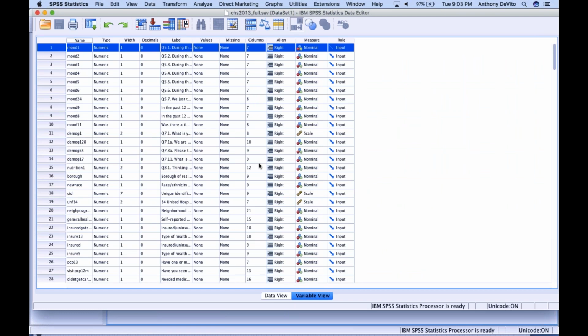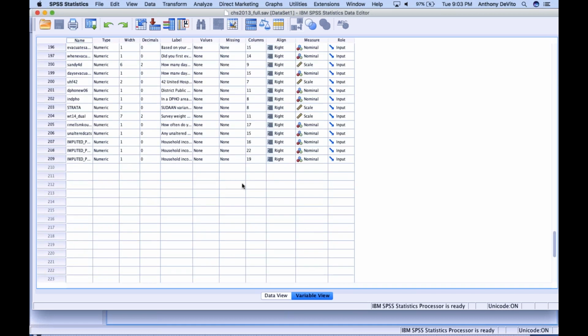So, for instance, in this particular database, the full database, we have 209 variables in here. A few of them are scalar variables, not a whole lot of them. I'll take a closer look at them in a little bit.